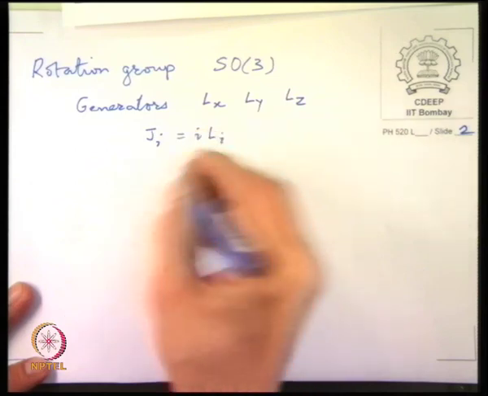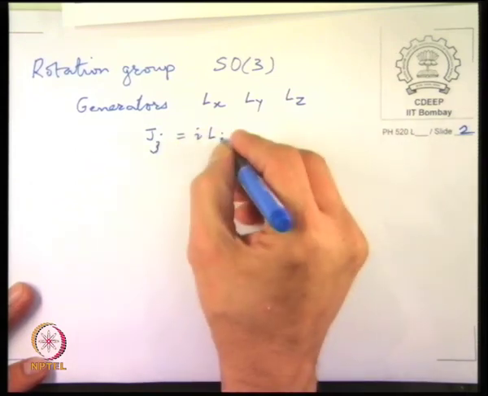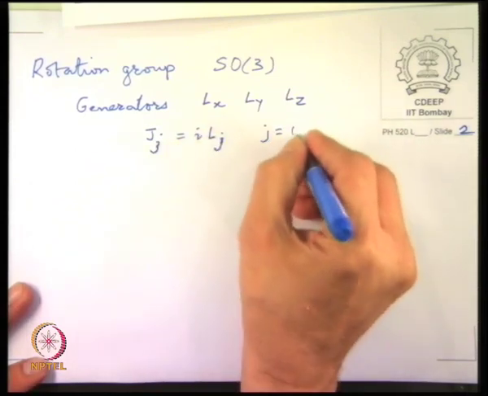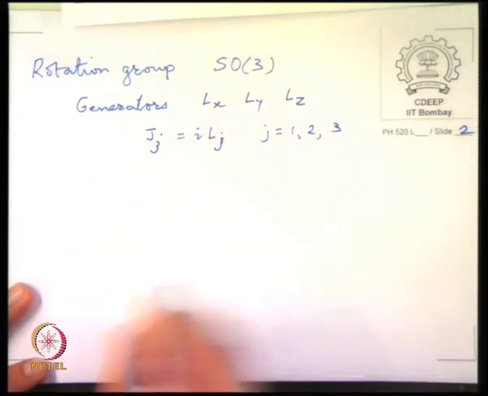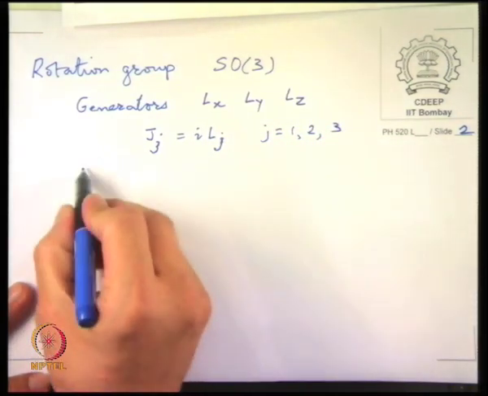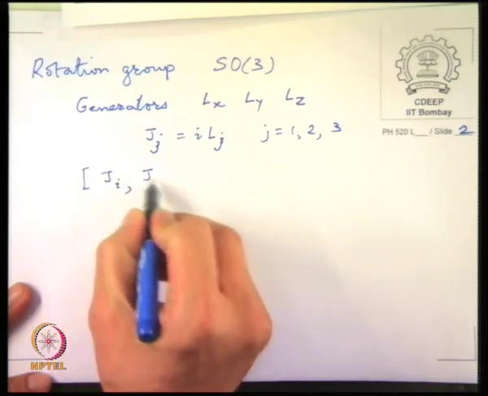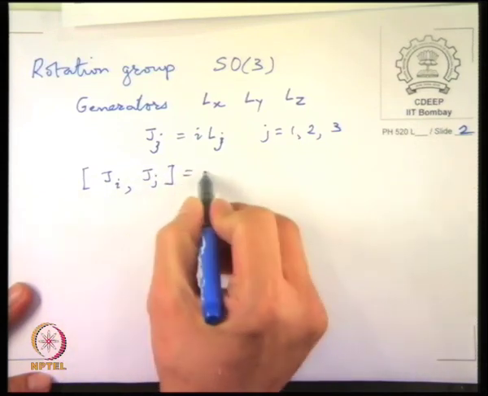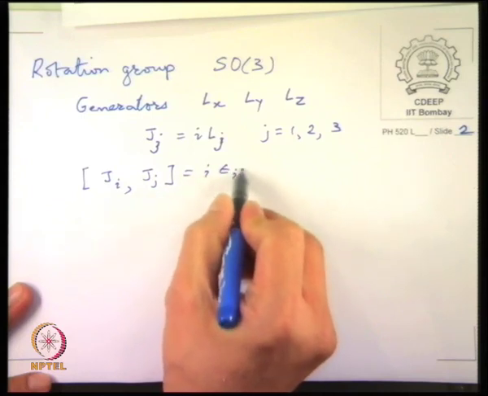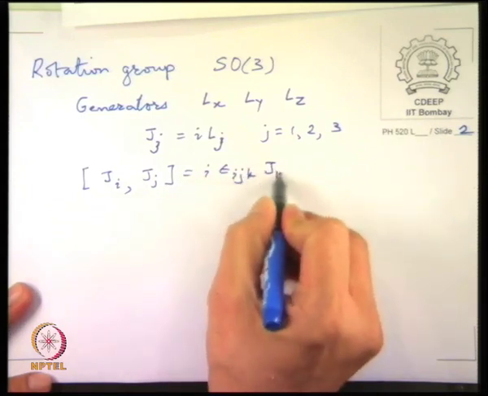Sorry for the same i, we can make this into j. So j equal to 1, 2, 3. And then we found that the algebra is [Ji, Jj] equal to i epsilon_ijk Jk.